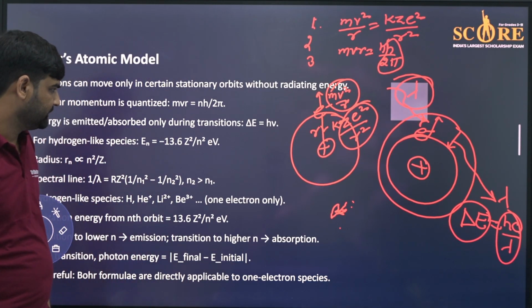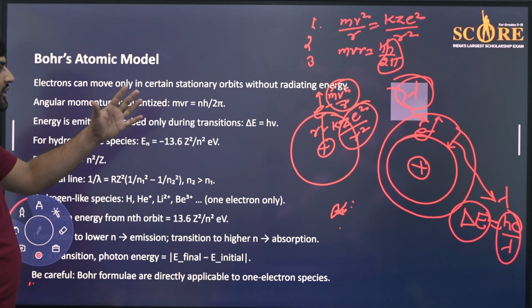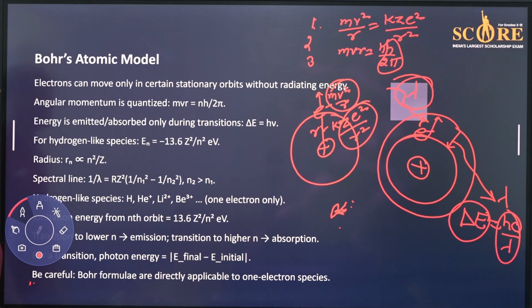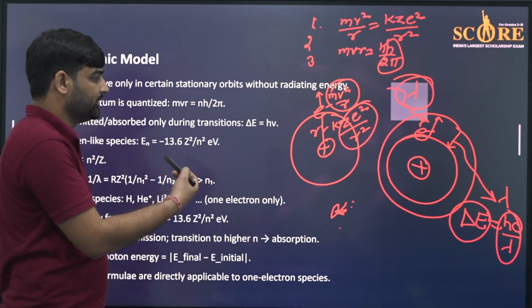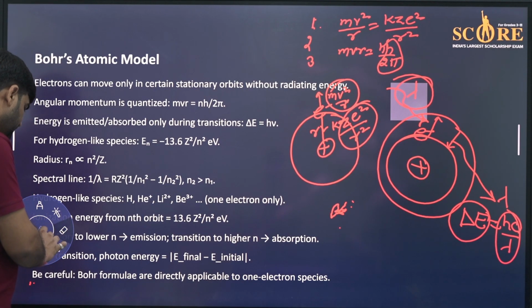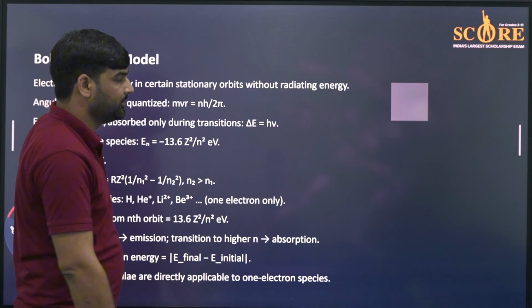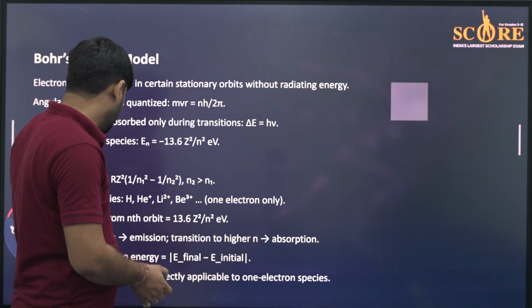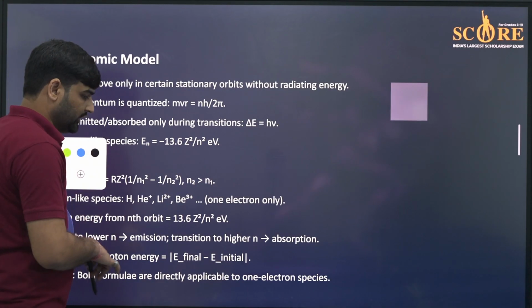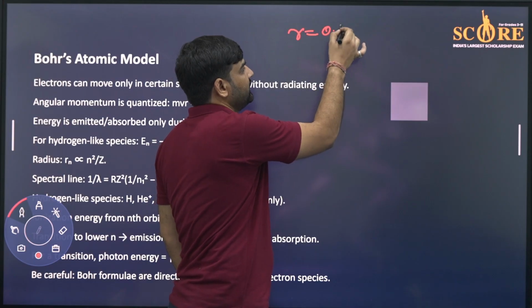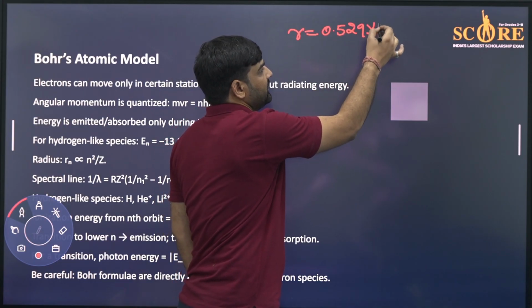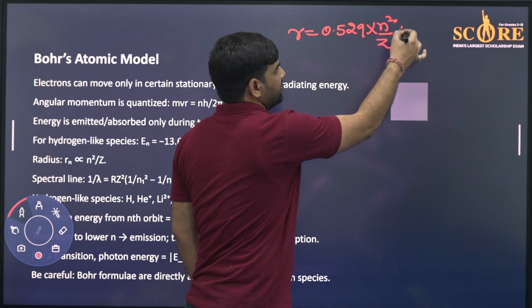So these are the points related to the Bohr model, and by these equations you can find the formulas for radius of electron in a particular orbit. You can also find the velocity formula. So now we will discuss radius, which will be 0.529 multiplied by n square divided by z angstrom.